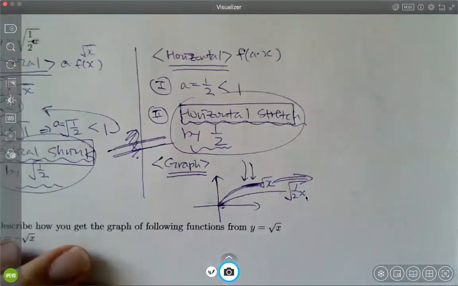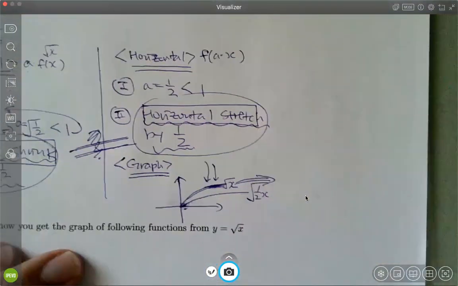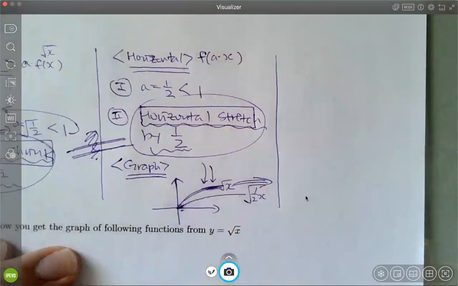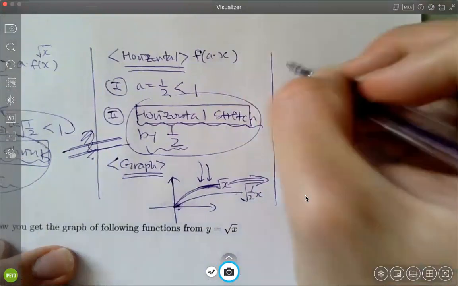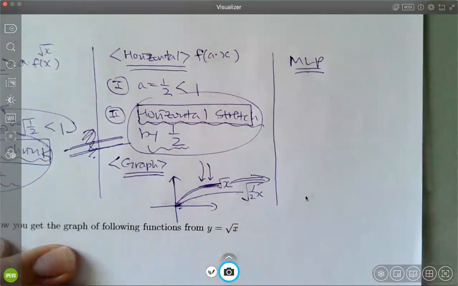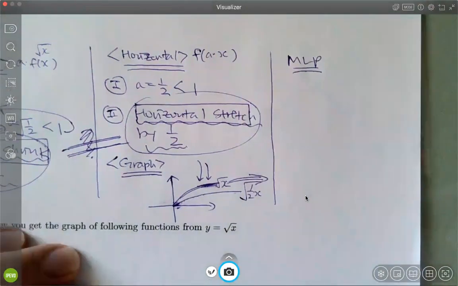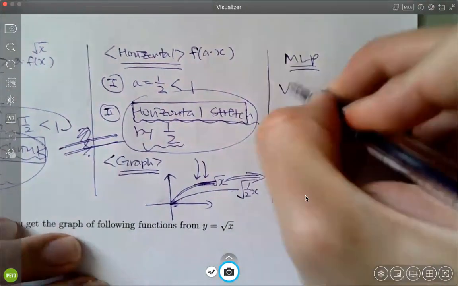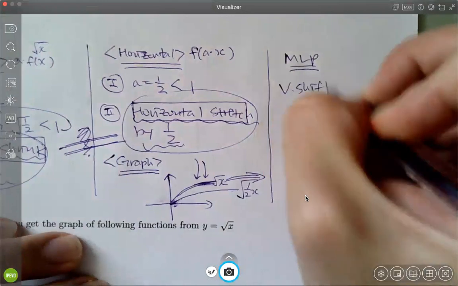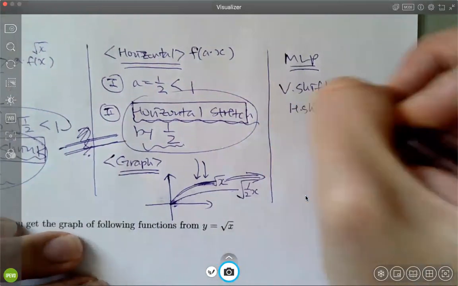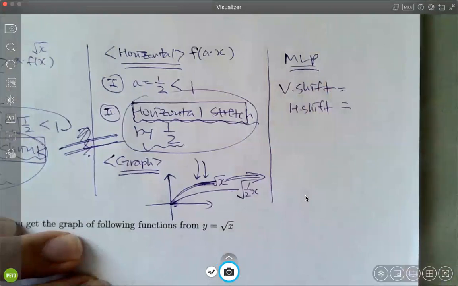Now, one final thing for today. Let's go back to that pop-up screen. First of all, for all the shifts, vertical and horizontal, are we shifting at all? No, so we just keep them at 0.